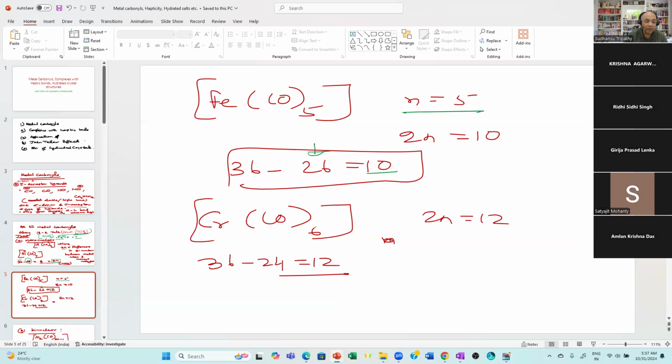And chromium cannot form Cr(CO) whole 5 or 4. It has to form 6, because chromium is 24, 36 minus 24, 12, 12 by 2 is 6. So this is the rule where 2n is the difference between the atomic number of the nearest noble gas and the atomic number of the neutral atom.